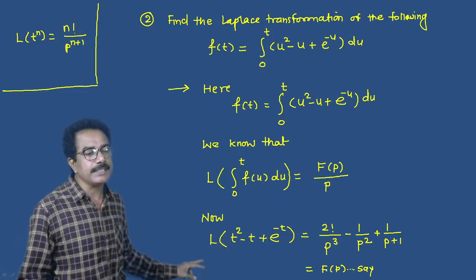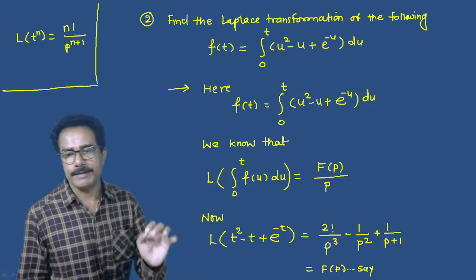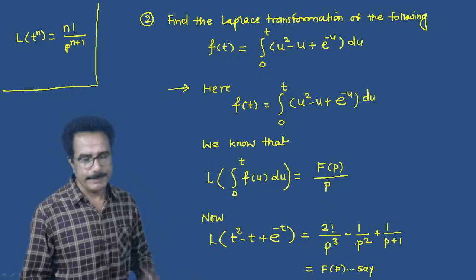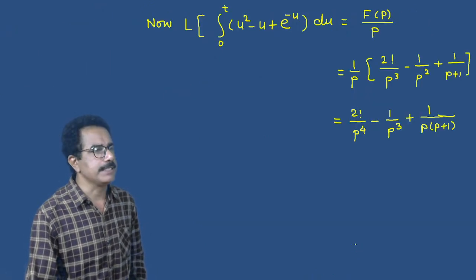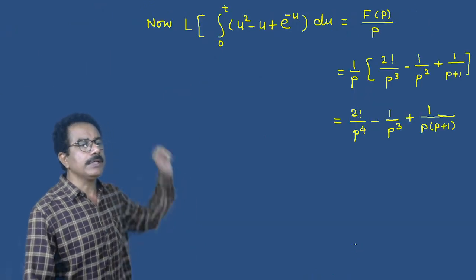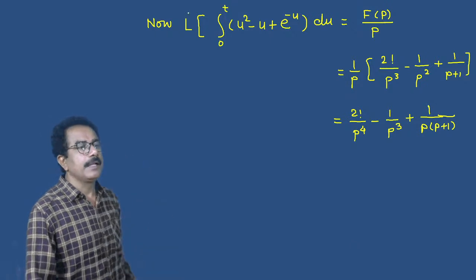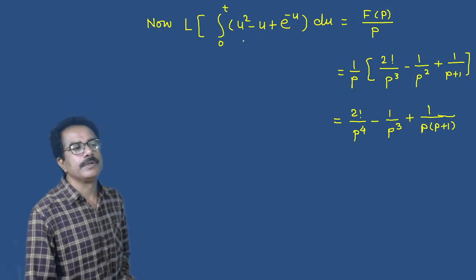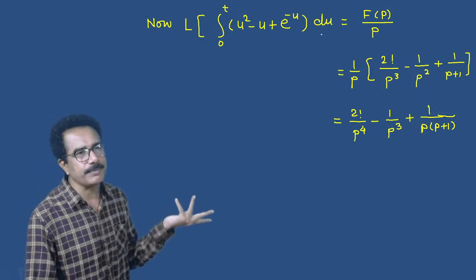Consider this value as capital F of p. Now see this. According to the theorem, Laplace transformation of the integral from 0 to t of u square minus u plus e raised to minus u du, we have to convert this in terms of p.